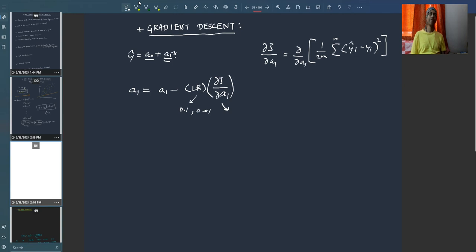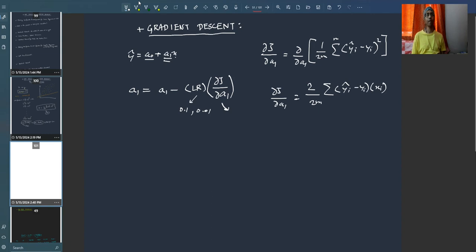If you apply calculus to it, this will come to del J by del a1 equal to 2 by 2m, sum of (y_i hat minus y) multiplied by x_i.